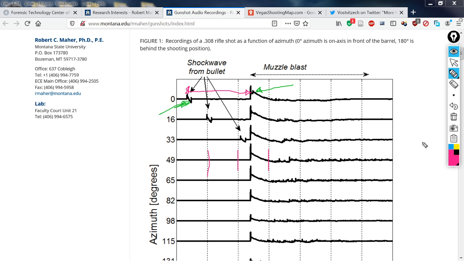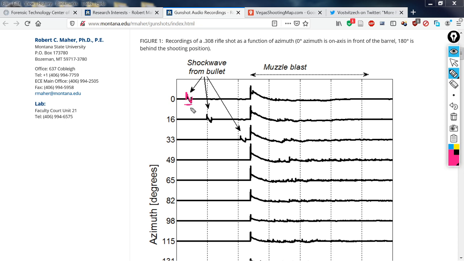But just to characterize this for a moment, you can see that the shock wave here is what they call an N wave, because it looks like an N. I've colored it now here in red, and it's very, very short. The width of that thing is less than a millisecond.